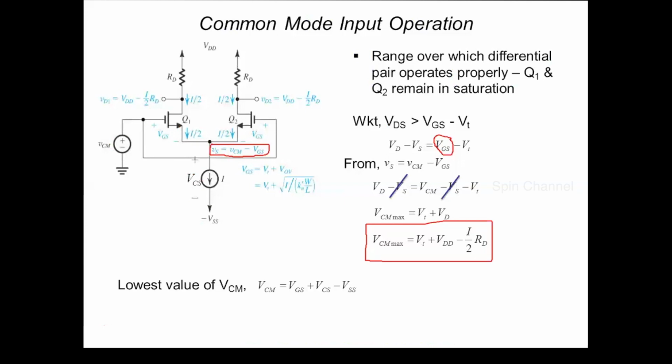So from this, we know that if we replace VGS by overdrive voltage plus VT, then we obtain an expression for the lowest value of common mode voltage, that is equal to V overdrive plus VT plus VCS, that is the drop across the current source, minus the power supply value, that is VSS. So this is the lowest and highest value of common mode voltages that should be allowed in order for the differential pair to operate properly.